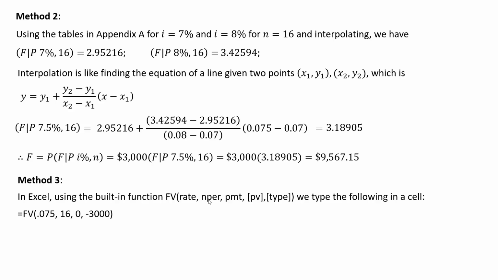N per, meaning how many periods? 16 periods. Good. Payment, PMT, that is 0. What is that? We don't have that situation here, but PMT is basically if you were to be depositing the same amount every year.